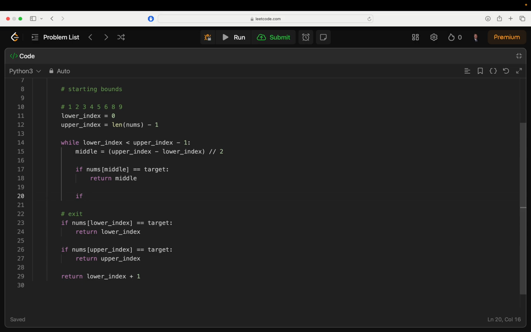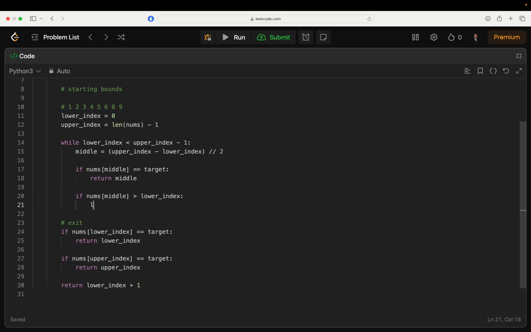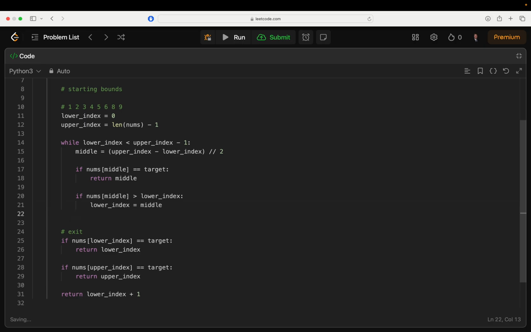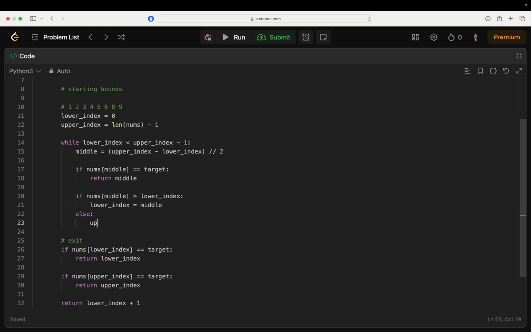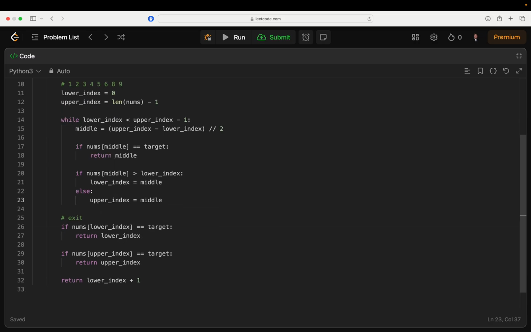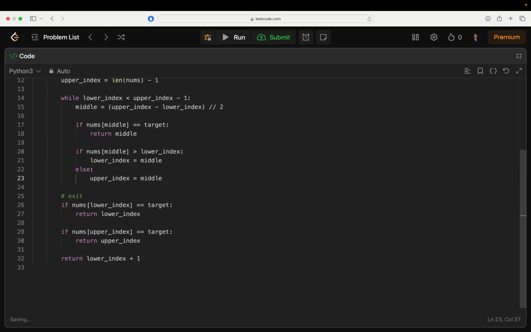If nums middle is greater than, lower index equals middle, else upper index equals middle. Okay, that should work for most of them. It's just the pesky edge case.